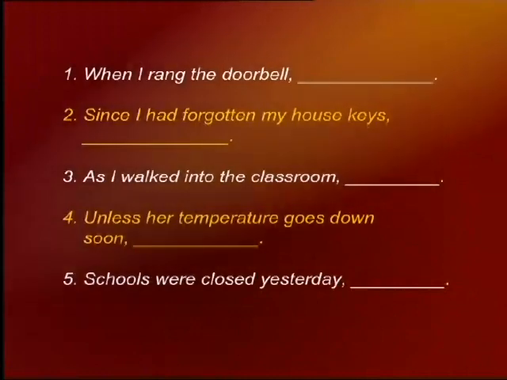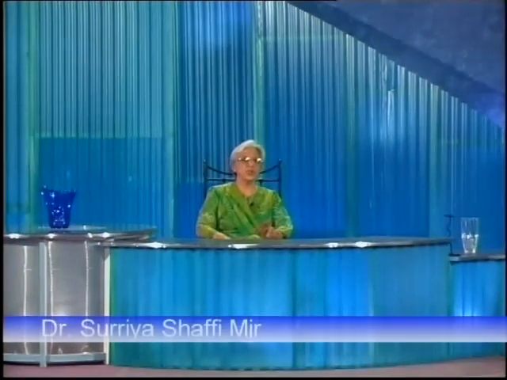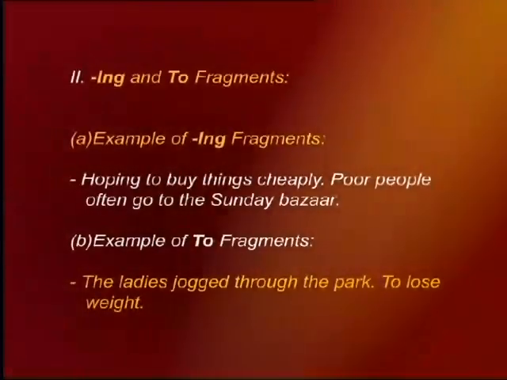Right? Now, the second type of fragment is the ing and to. Now, when a word which ends in ing appears at the beginning of a group of words, a fragment may result. Example, hoping to buy things cheaply.